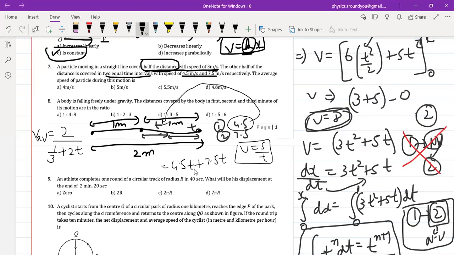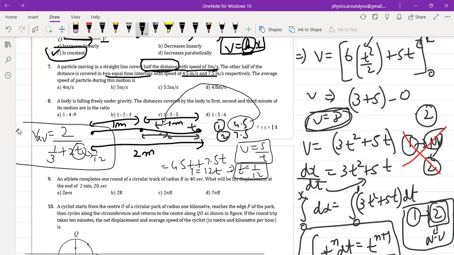So the total distance covered would be 7.5 plus 4.5, which gives you 12t. Total distance covered is 1 meter. So I get to know that t is equal to 1 by 12 seconds or units. But I don't need t as such, I need 2t. So 2 into 1 by 12. I put t as 1 by 12 over here and I get the answer.